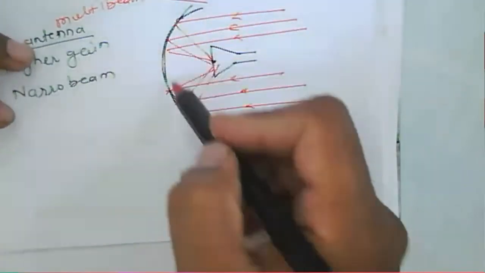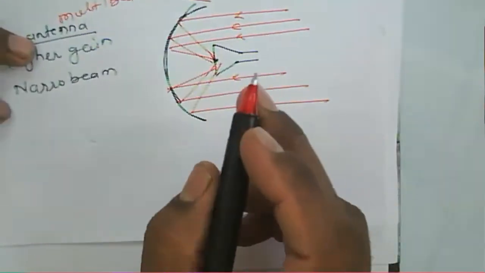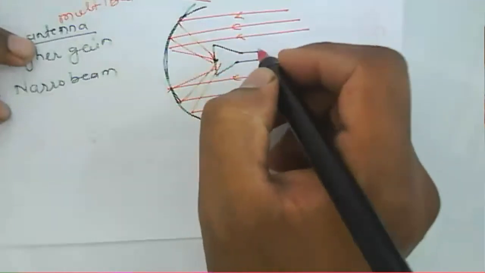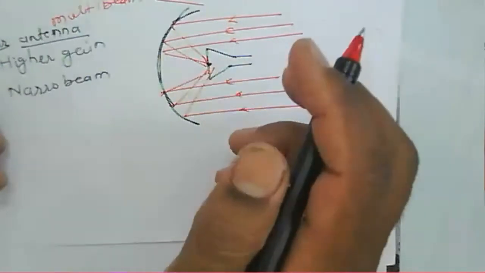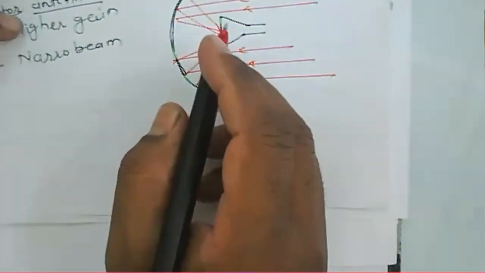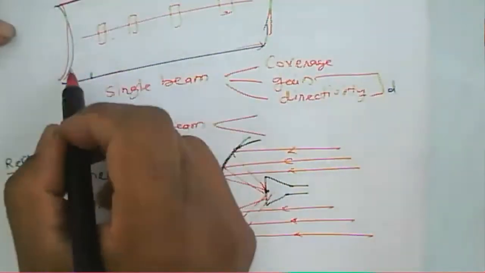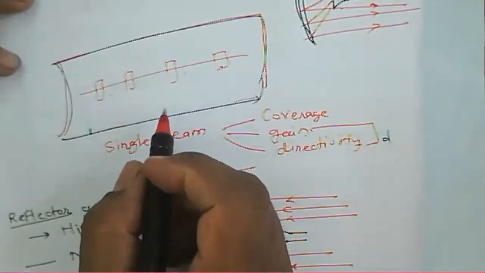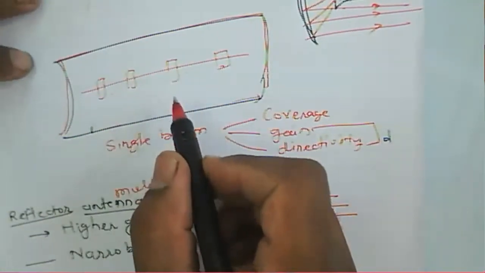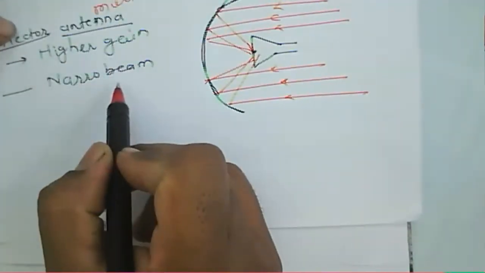Even if we increase the size of the dish or that parabolic structure, that may also improve the gain or directivity. So that is about using a single or multiple horn antenna. If we use multiple horn antennas, then gain will increase. So that's why we say a reflector antenna has higher gain and a narrow beam.